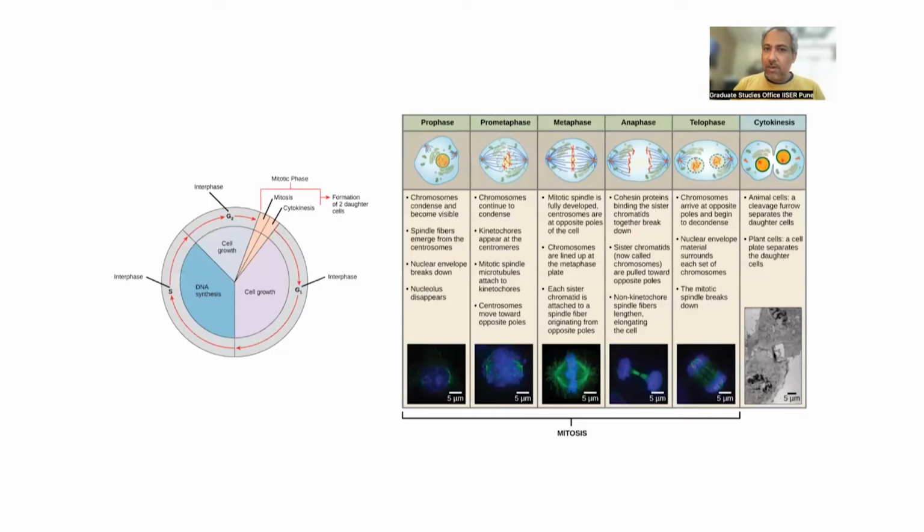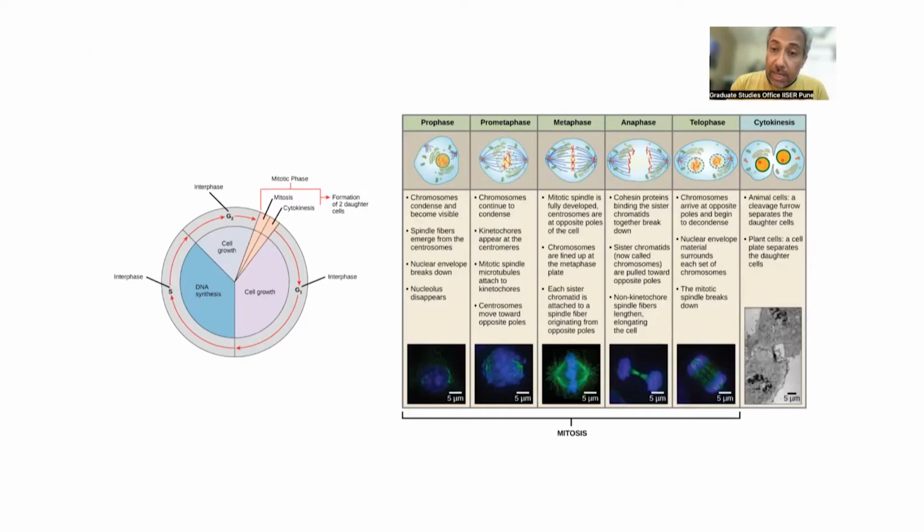As I mentioned, this has many steps in it. You have prophase, prometaphase, metaphase, anaphase, telophase, and cytokinesis. And some of you may have read about this already and have some sense of what kind of changes are taking place.